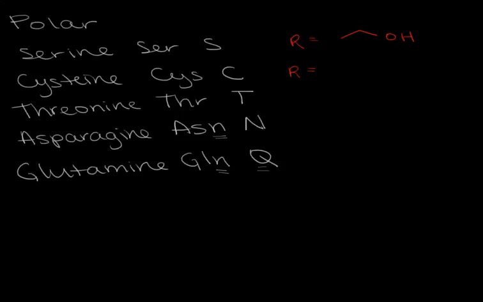Let me put a star and say disulfide bonds. That's very unique. Disulfide bonds, we're going to see, are used to stabilize the tertiary structure of a protein. So this looks the same as the serine, but instead of OH, SH.